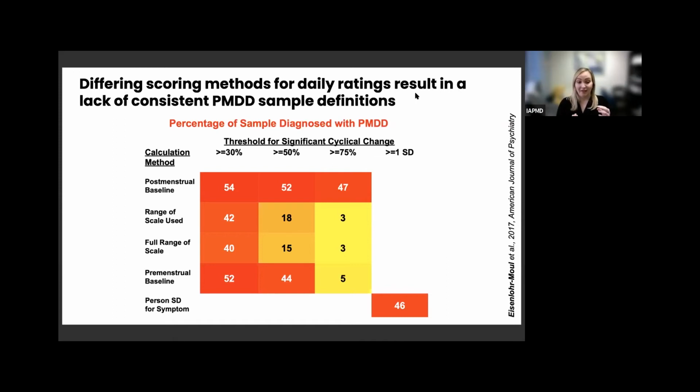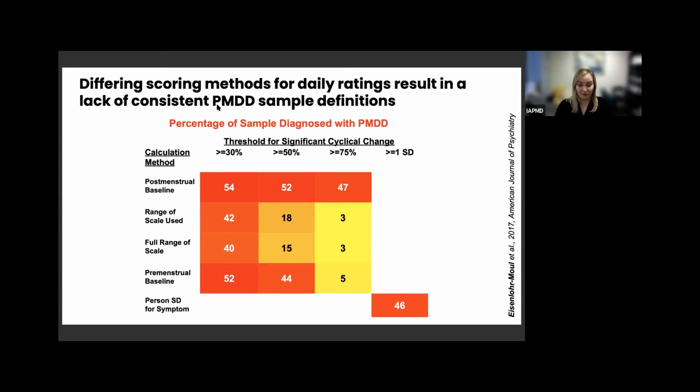They were dividing it by the postmenstrual, the good week. Some people were dividing it by the bad week, the premenstrual baseline. So postmenstrual baseline, premenstrual baseline. The NIH studies, which have been so informative for our understanding of the pathophysiology of PMDD, used the full range of the scale as the denominator.